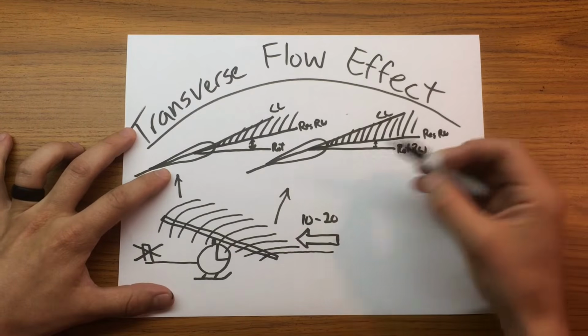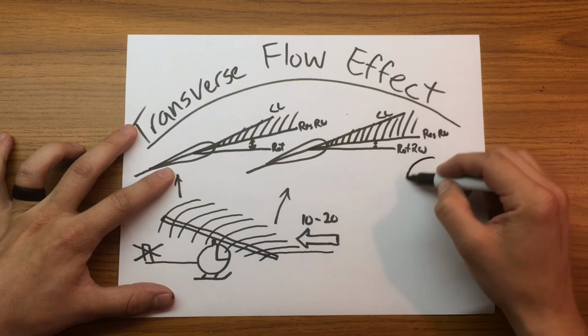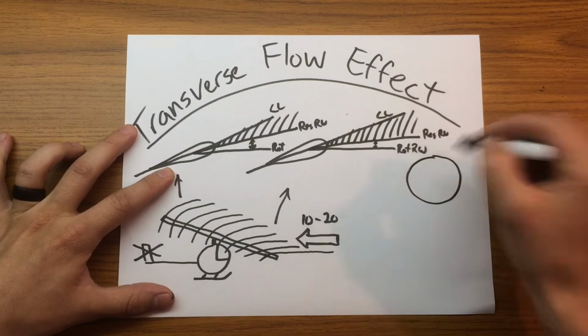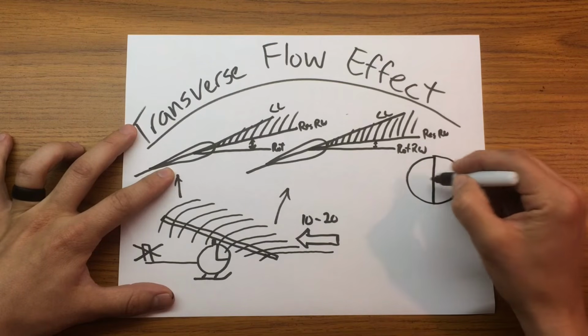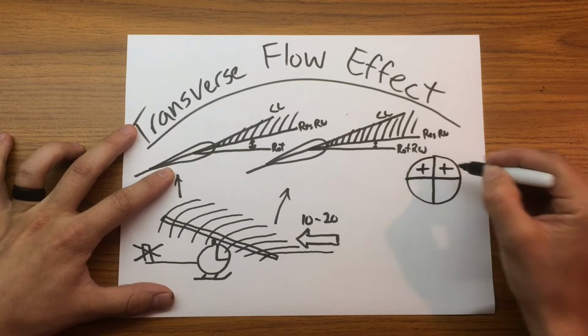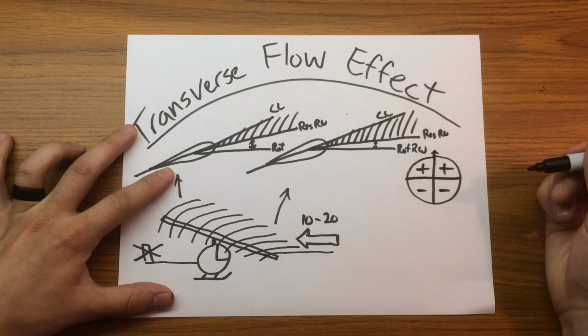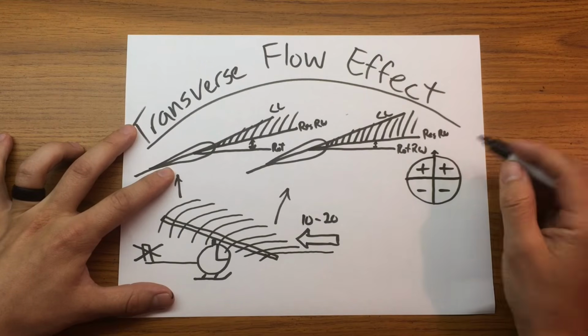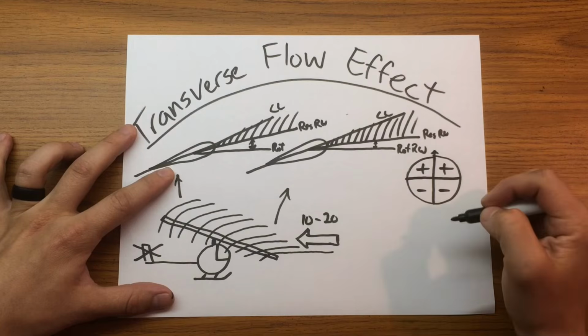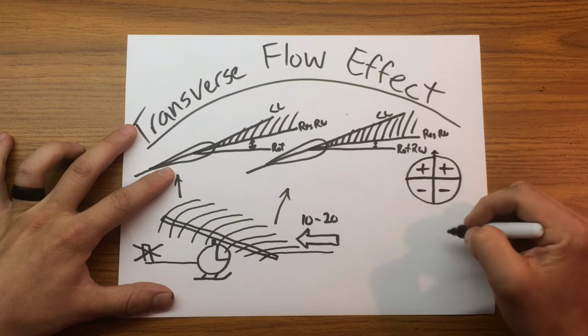So what does that look like? Well, it's more lift on the front half than on the aft half. So let's see what that looks like. If we were to do a top-down look at our rotor system and divide this into quadrants, this is more lift on the front half, that's our direction of travel, less lift on the aft half. Now we have to compensate for this gyroscopic precession that I covered in the other video, that all of this stuff manifests 90 degrees later.